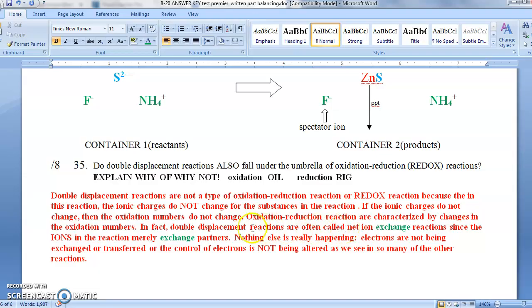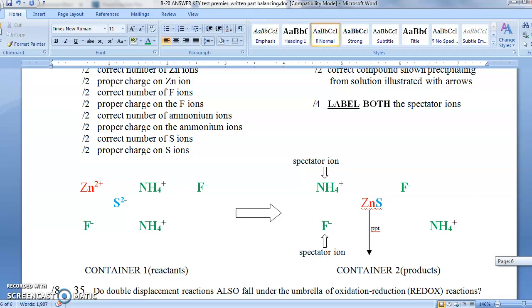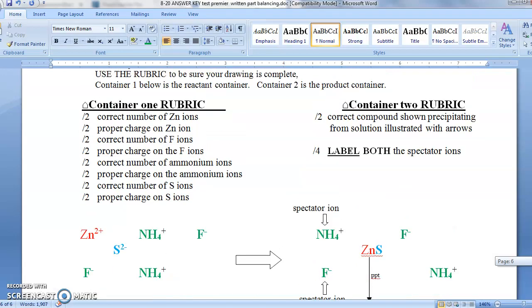That is why double displacement reactions are often called net ionic exchange. They're just exchanging what ion they're with. They're exchanging partners. Nothing else is really happening here. So double displacement is not a type of oxidation reduction reaction.